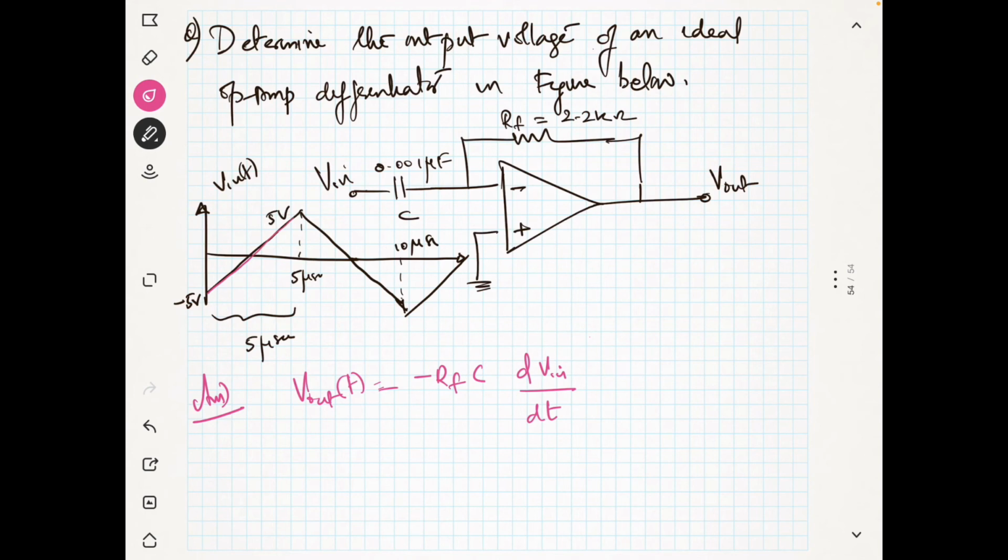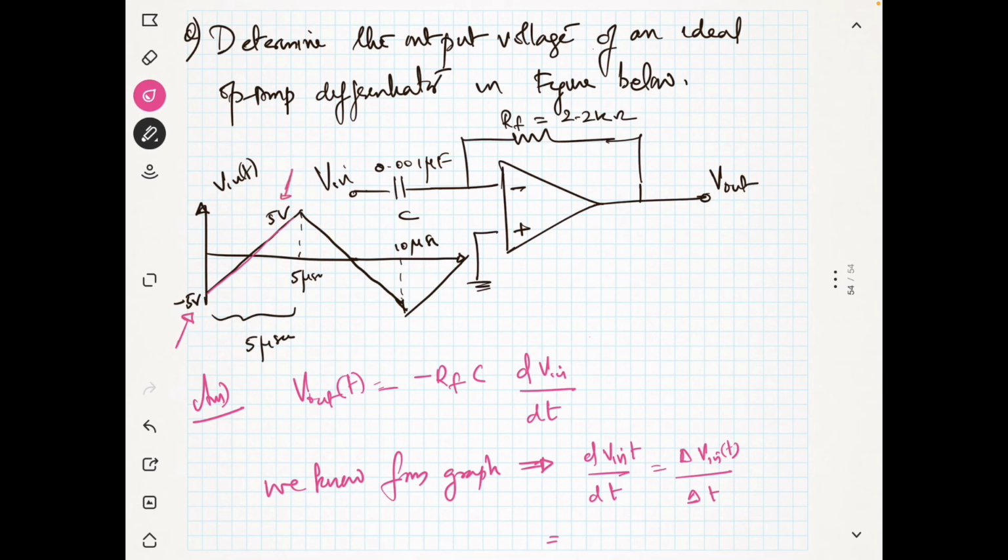But it is very clear from the graph that dV in of t by dt is nothing but delta V in of t divided by delta t, right? So this is nothing but the change in the input, because it is coming from minus 5 and the maximum value is plus 5.